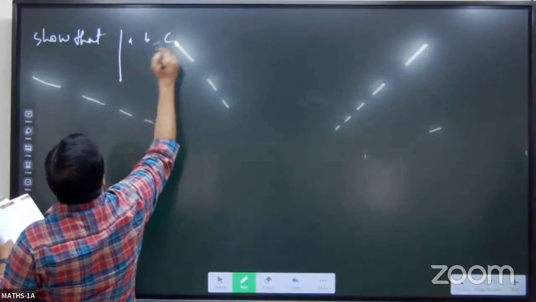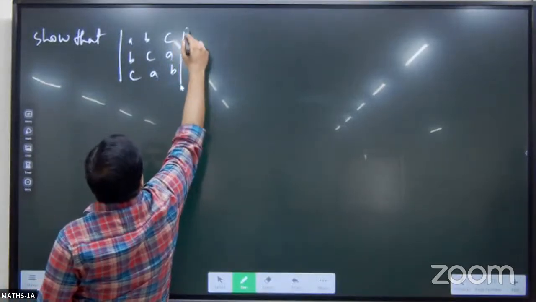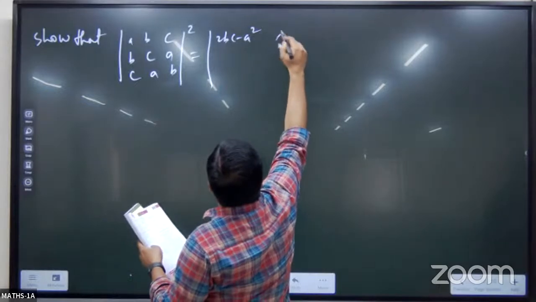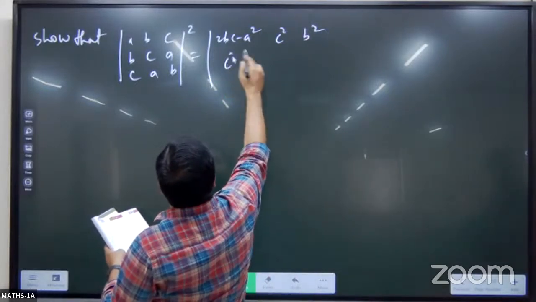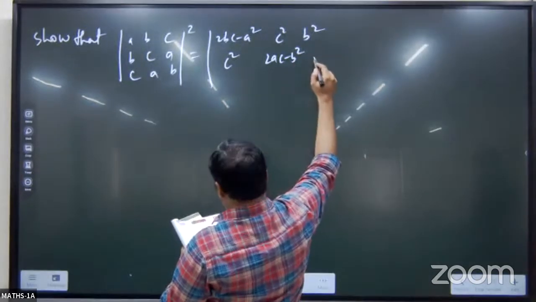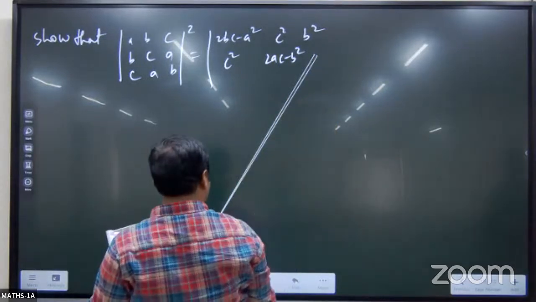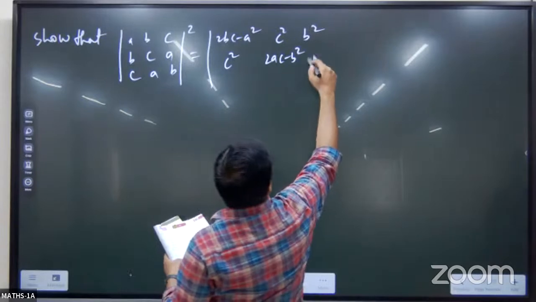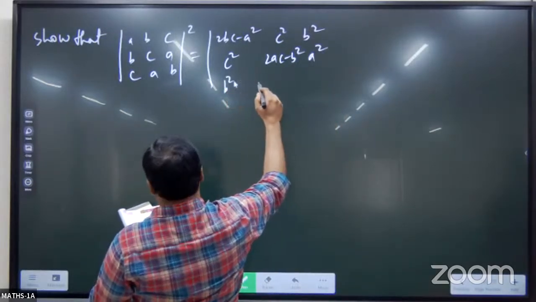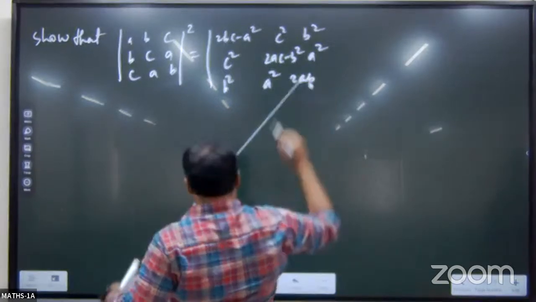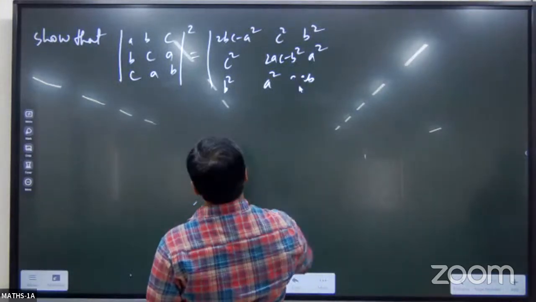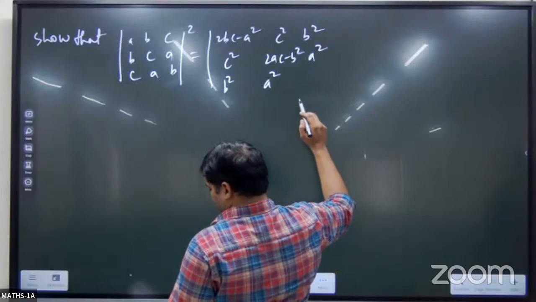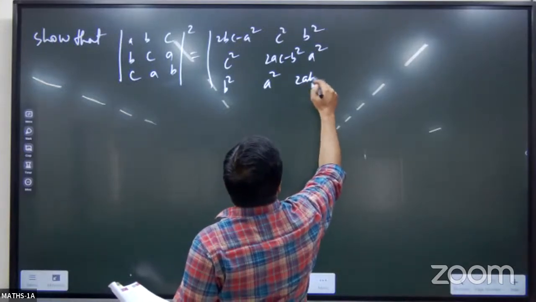Show that the determinant of A, B, C, B, C, A, C, A, B whole square is equal to the determinant of 2BC minus A square, C square, B square; C square, 2AC minus B square, A square; B square, A square, 2AB minus C square.